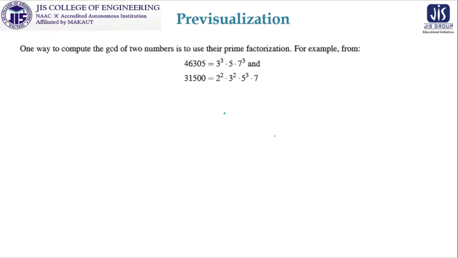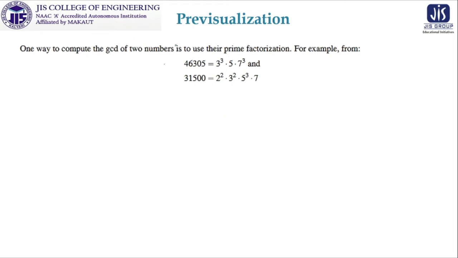Proceeding further, in the pre-visualization part, one way to compute the GCD of two numbers is to use their prime factorization.